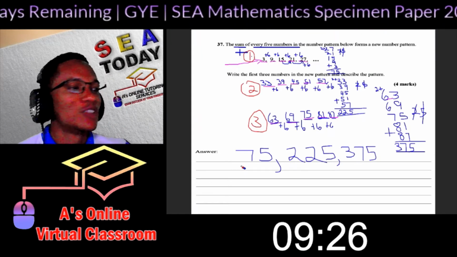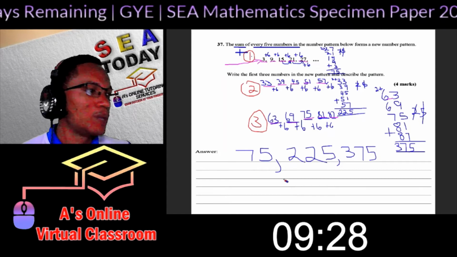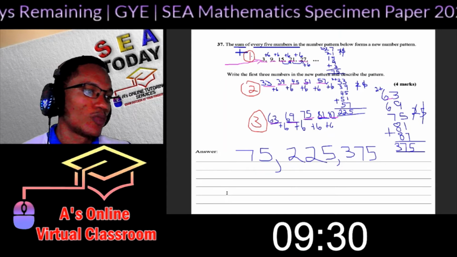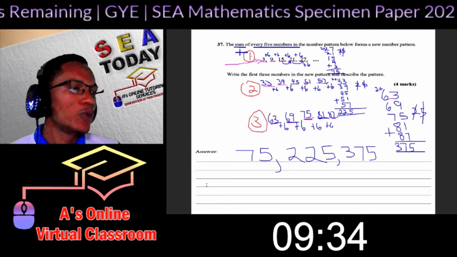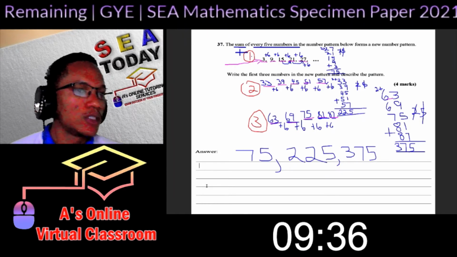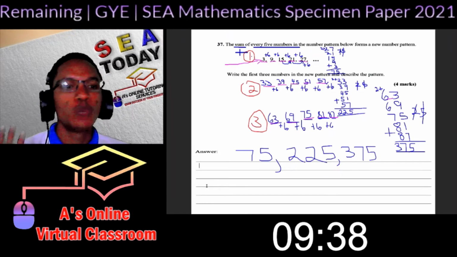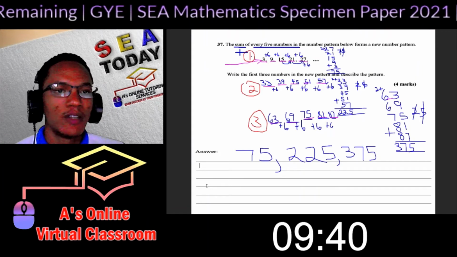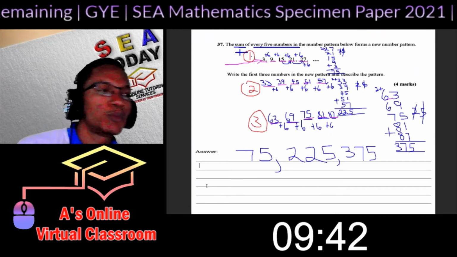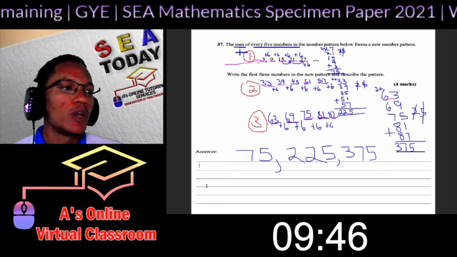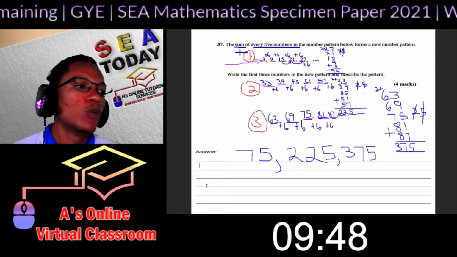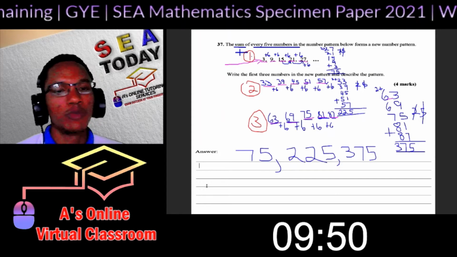So how are we going to describe this pattern? We could type that out here. Before we get to typing, we're looking at the numbers 75, 225 and 375. Just like how we figured out it was plus 6 on top, this is where we have to figure out how this number pattern is being formed.